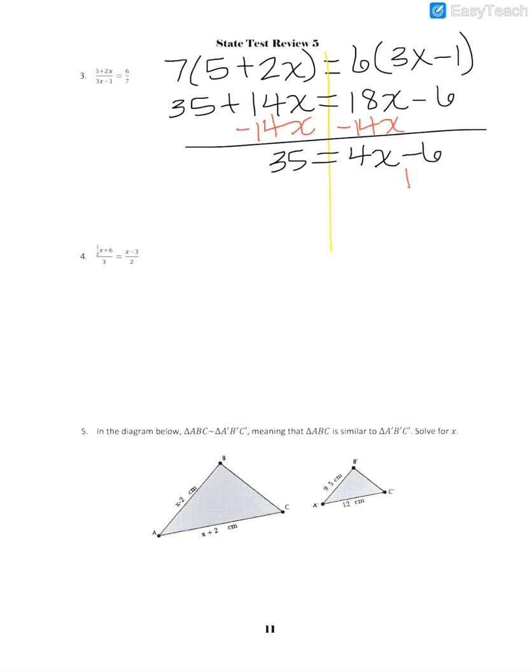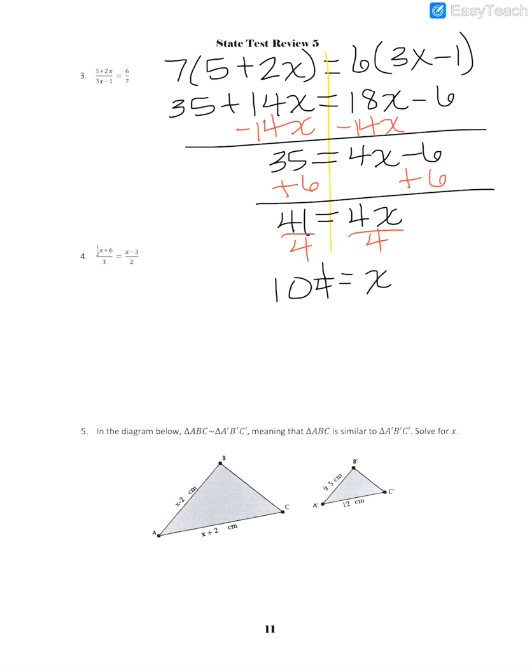Add the 6. 41 equals 4x. Divide by 4. Since it doesn't go in evenly, I can leave my answer as 41/4, or as a mixed number, 10 1/4 is fine.